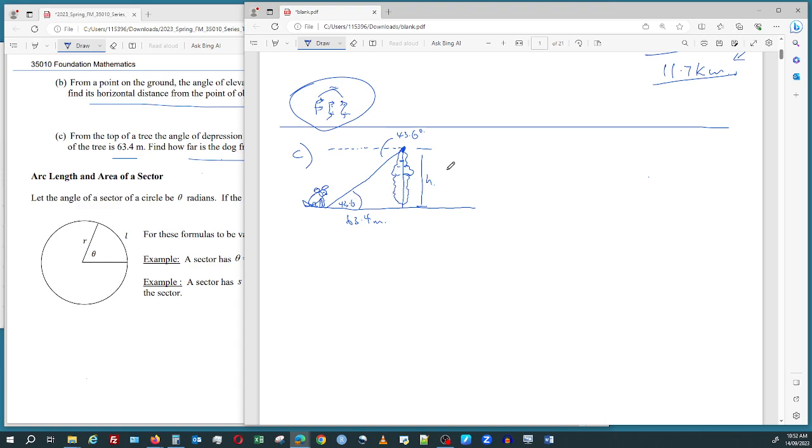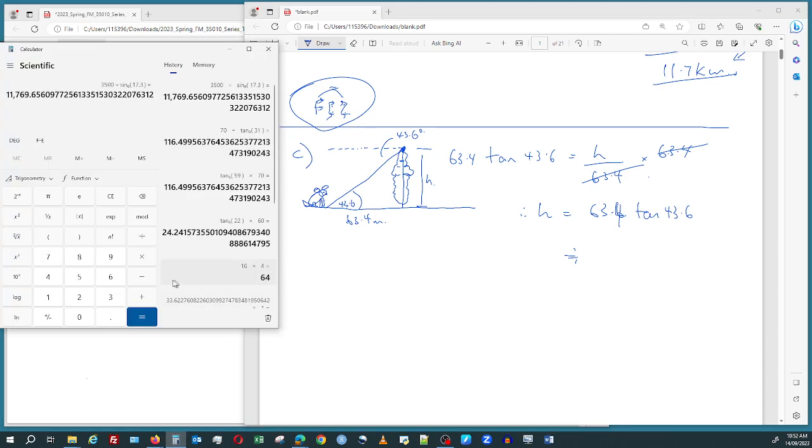TOA is opposite over adjacent. So tan 43.6 will be equal to the height, opposite over adjacent. So multiplying both, what you do to one side, you do to the other, h is equal to 63.4 tan 43.6. So that's equal to, using our calculator in degrees, 43.6.